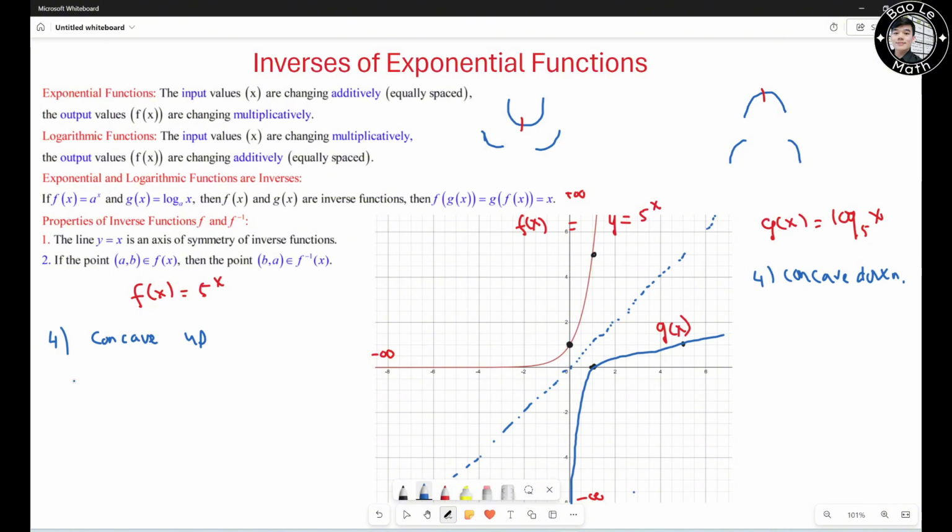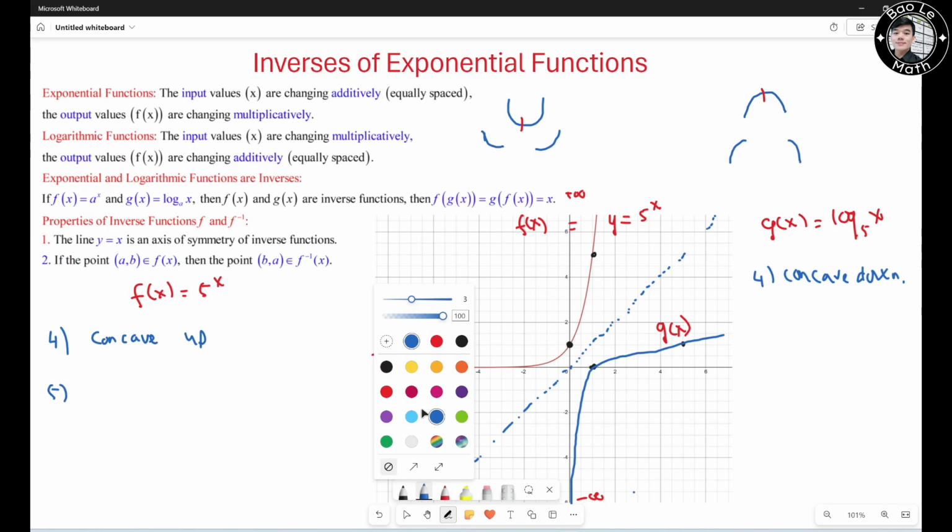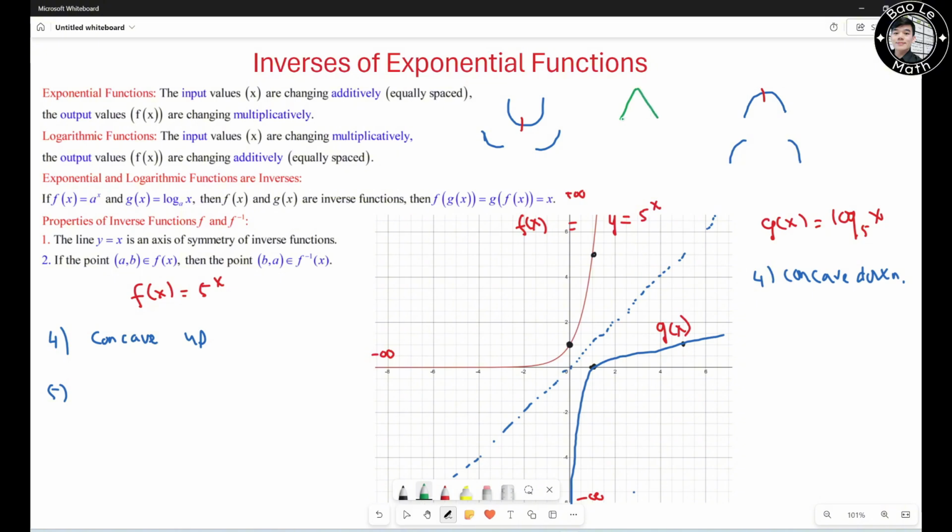Next one. Is the function increasing or decreasing? So we look at the rate of change. In order to do that, we just sketch the tangent line. Keep that in mind. Now, here's the trick. Keep in mind, we have the Christmas tree trick. If the lines go up this way, the slope is positive. If the line goes this way, the slope is negative.